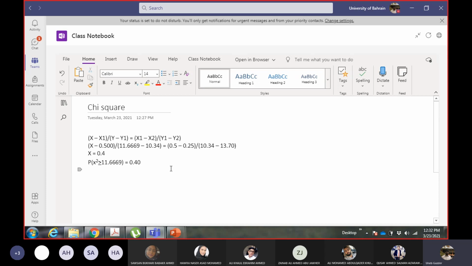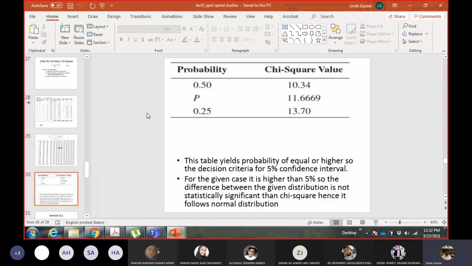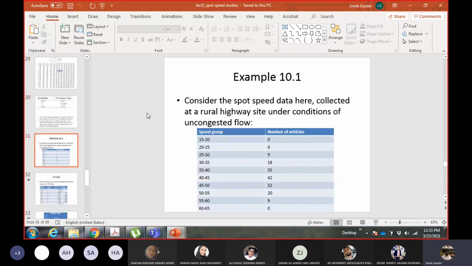Okay. Any questions? Did you get this? Okay. Now what I will do here, I have an example. In this example, we will be repeating all the calculations which we have done in this chapter, in this topic.